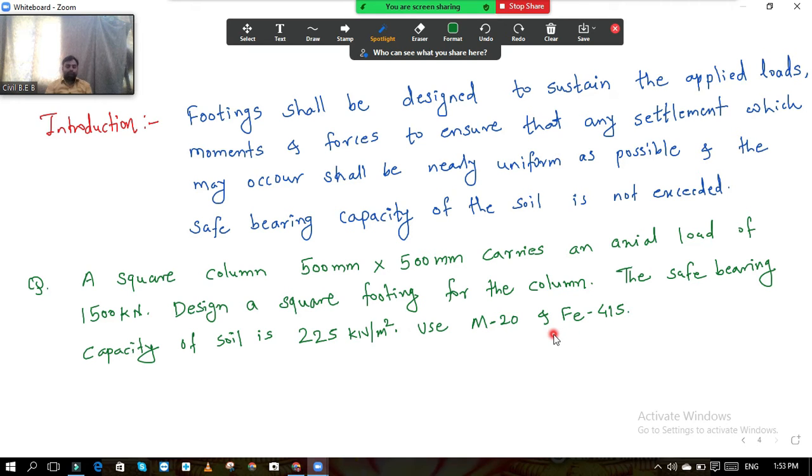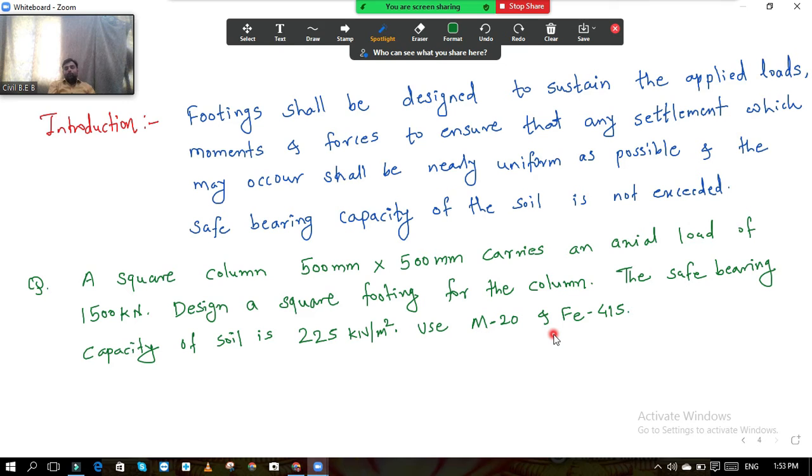Right now, for calculating the upward soil pressure or loading, we need to assume something. First of all, we know the load which is coming from the column. How much is that load? It is 1500 kilonewton, coming on the footing.